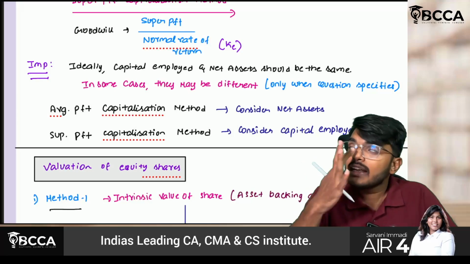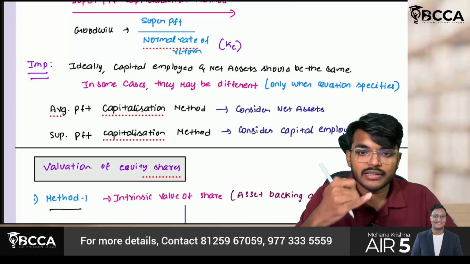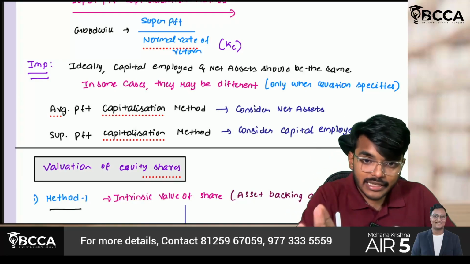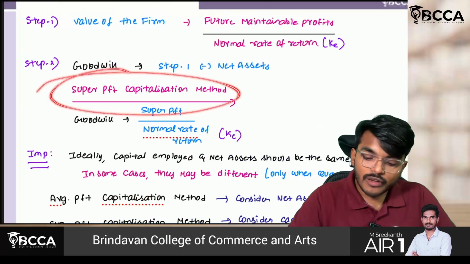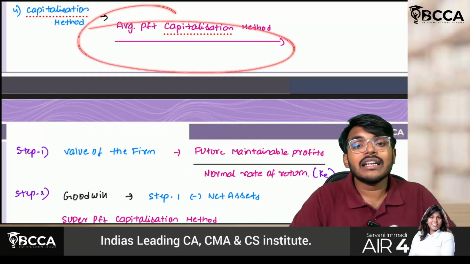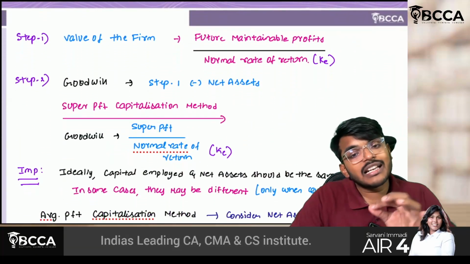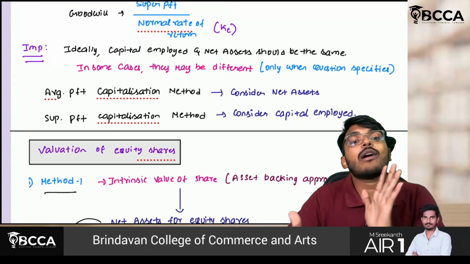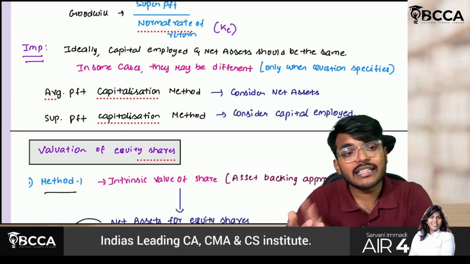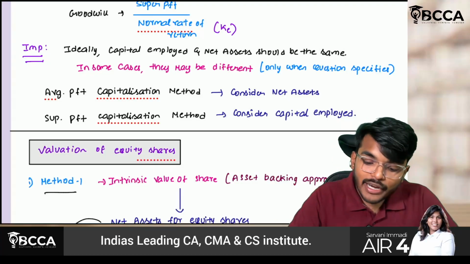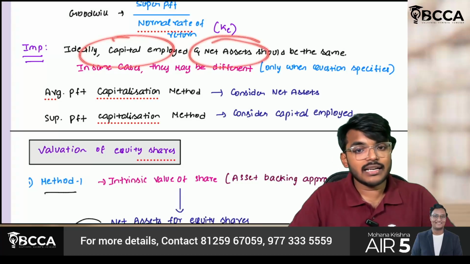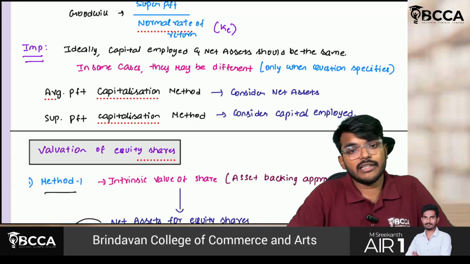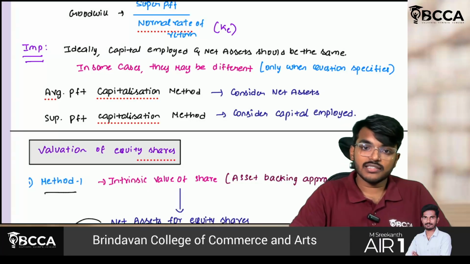If nothing is said in the question, both capital employed and net assets will be the same. If both are the same, you will get the same goodwill under the super profit capitalization method as well as the average profit capitalization method. But if the question itself specifically says capital employed is different and net assets are different, then your goodwill will also be different. Theek hai sir.